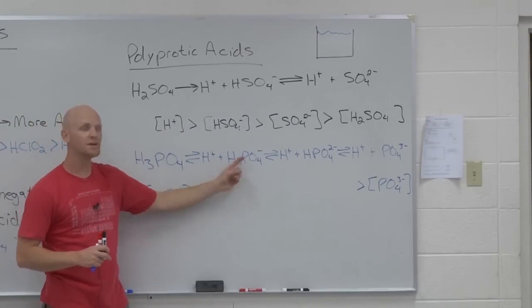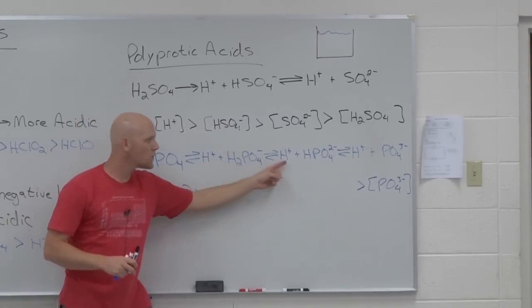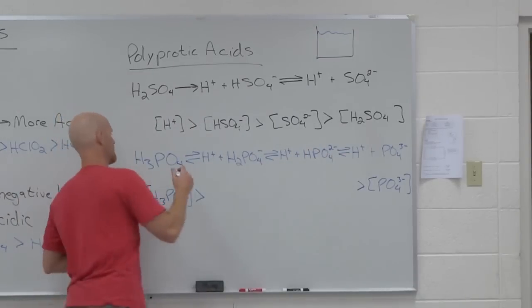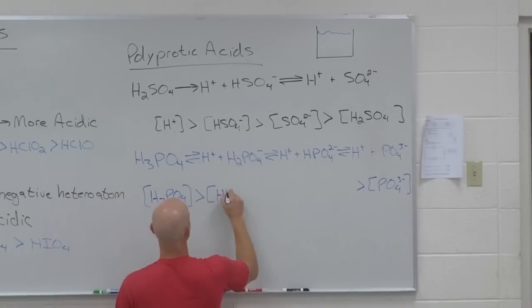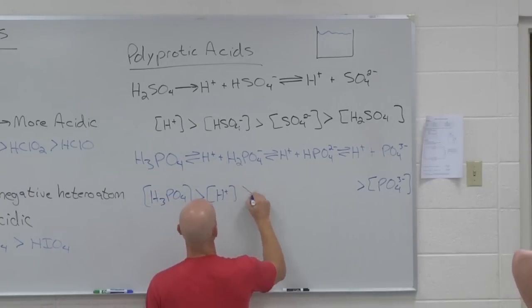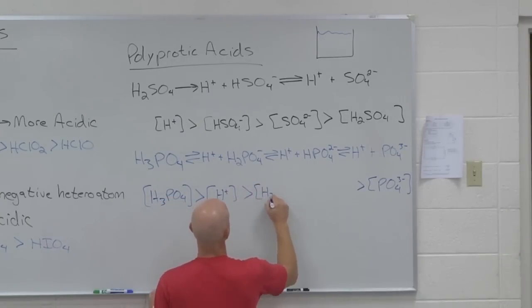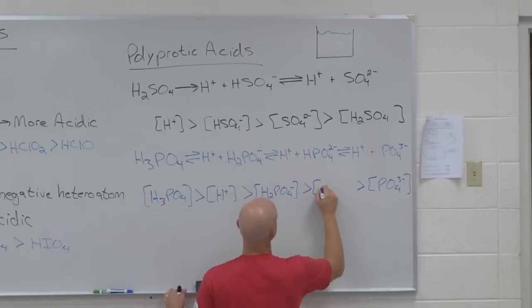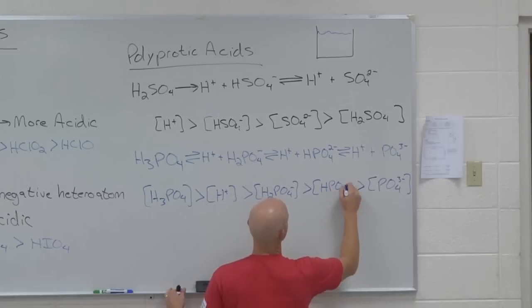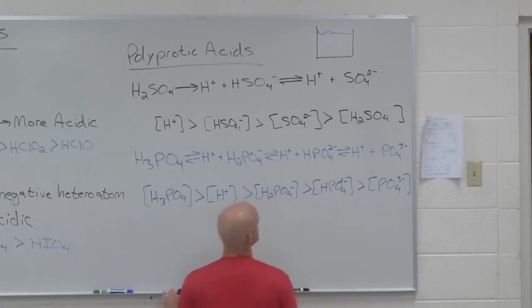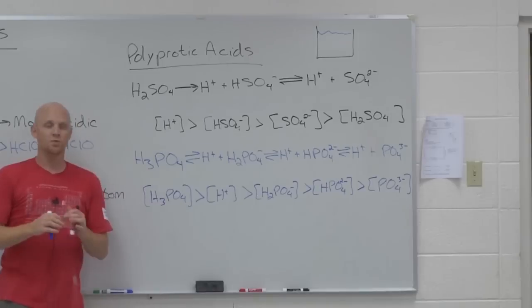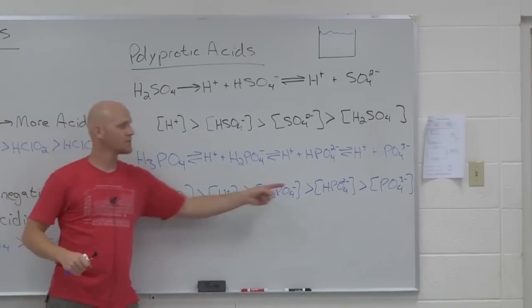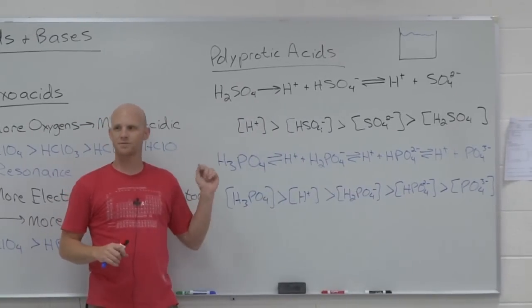But then you're going to lose a little bit of this, and you're going to keep gaining more and more H+ all along the way. And then? And then? Only guy left. Awesome. Cool. And this would be the relative concentration order for all the species present in a solution of phosphoric acid.